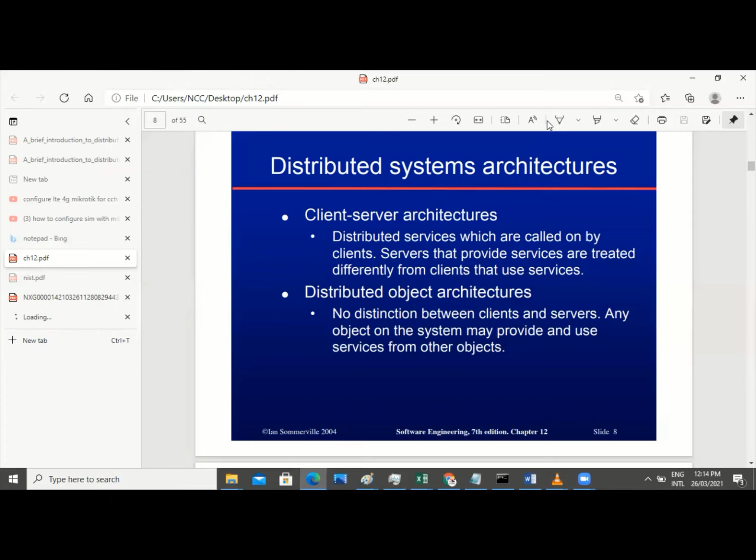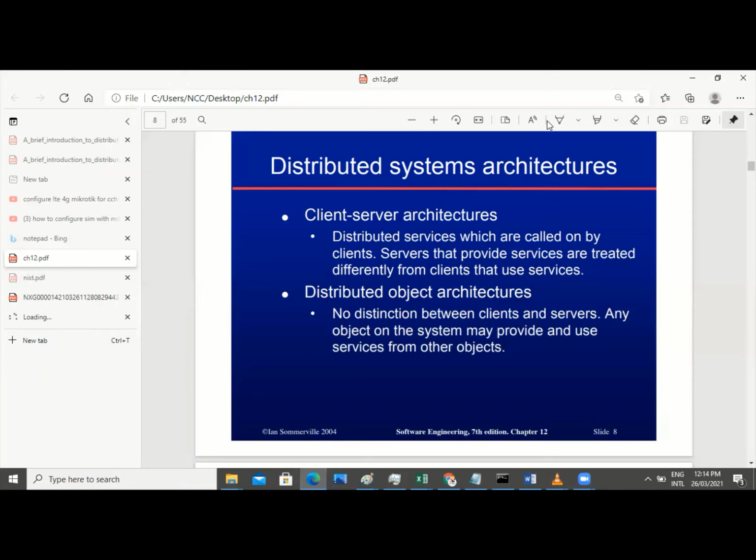Then we also have another type of architecture, which is called the distributed object architecture. In this case, there is no distinction between clients and servers. Any object on the system may provide and use services from other objects.